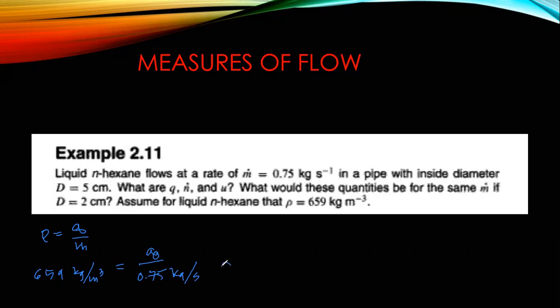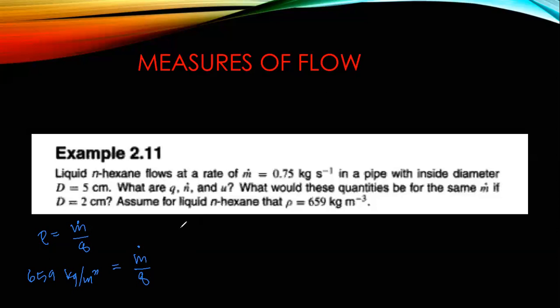So Q would be equal to, just use your calculator. Cross multiply. Sorry, I reversed the density. Density is m dot divided by volumetric flow, 659 kilogram per cubic meter, and then m dot divided by Q. M dot is 0.75.